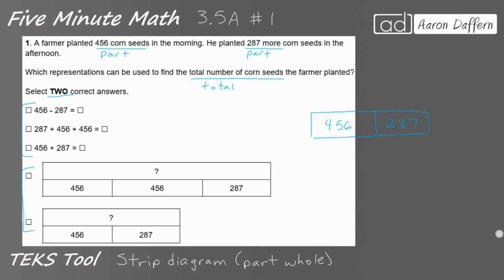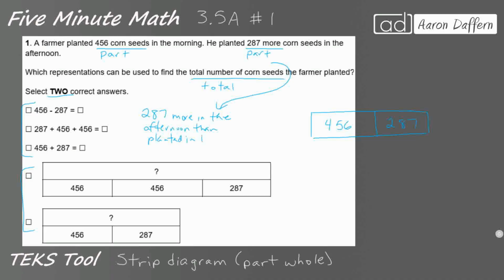Now we need to pay close attention to the second sentence. All it says is 287 more in the afternoon. Sometimes you will get something like this, and I'll write it right down here where I've got some space. You might say 287 more in the afternoon, and then they'll add something like "than planted in the morning."